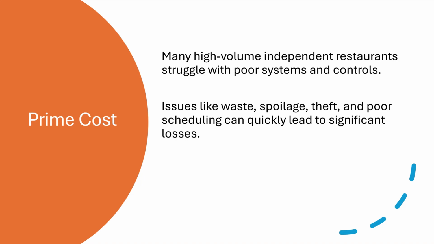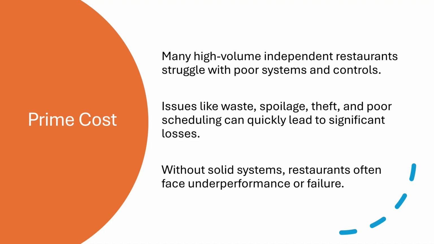There's theft that can be there, poor scheduling. All these things can quickly lead to significant losses. So we need to stay on top of that. And the prime cost percentage really helps us monitor that in great detail. Without solid systems, we know that restaurants often face underperformance or possibly even failure.